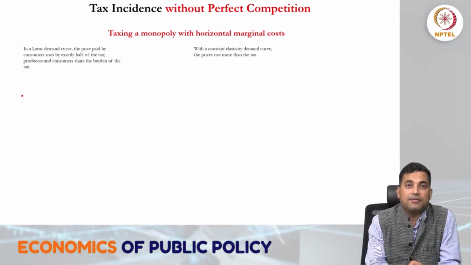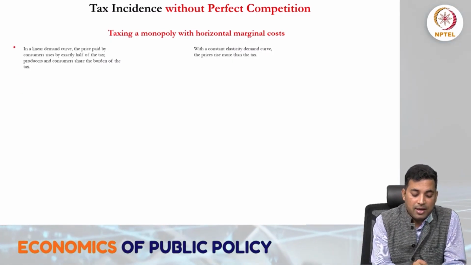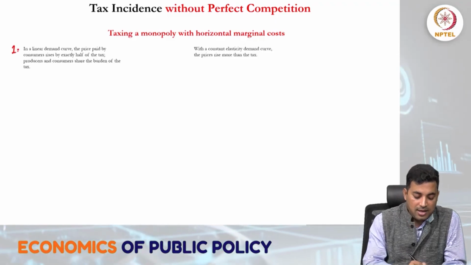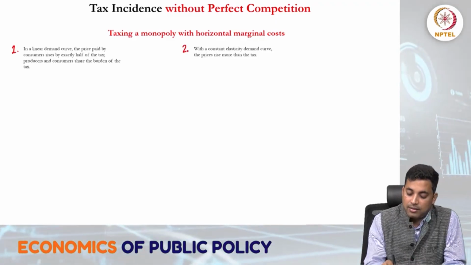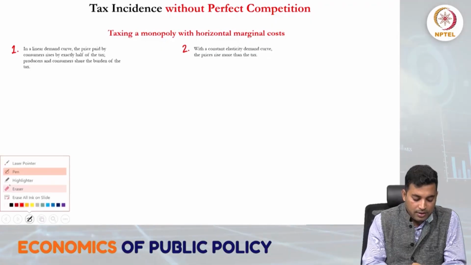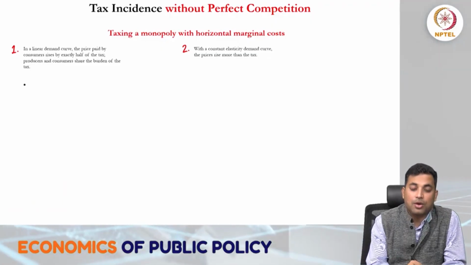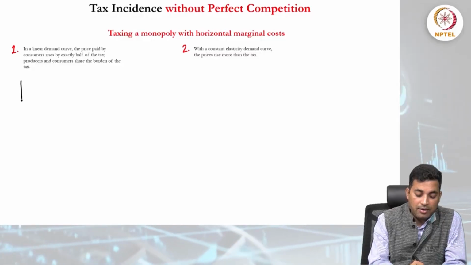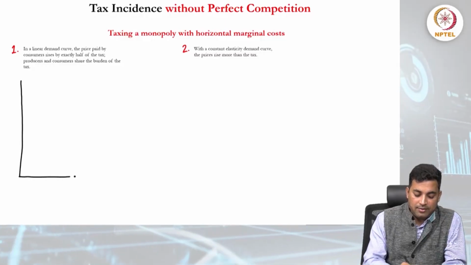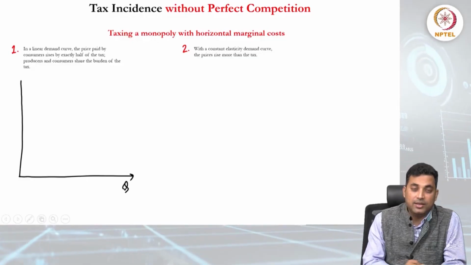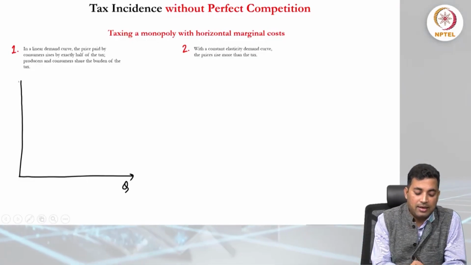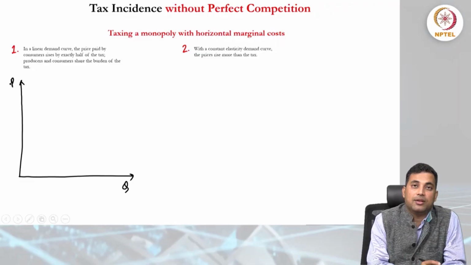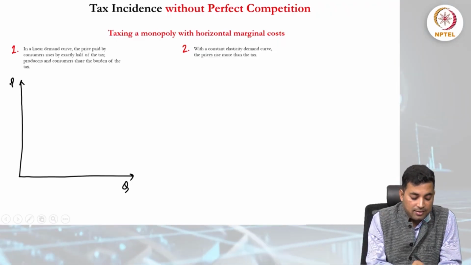So let's take the first case. This is case 1 and this is case 2. Let us first talk about case number 1, where we assume quantity on the horizontal axis and price on the vertical axis.